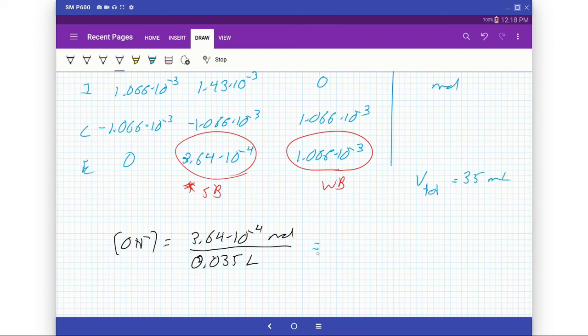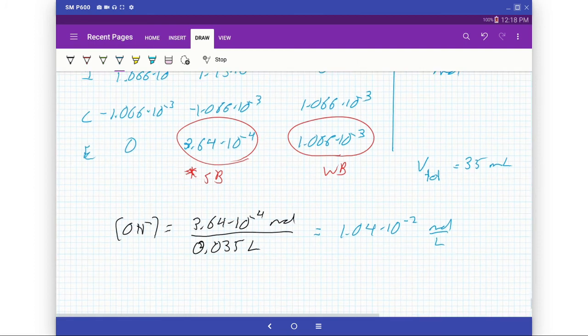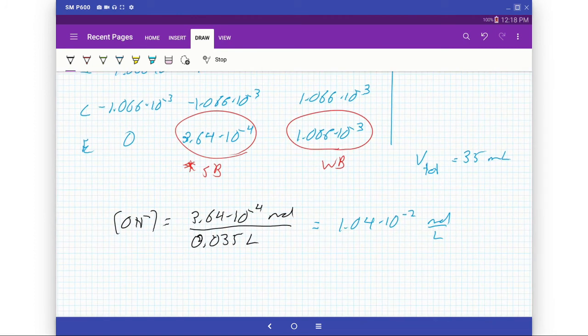That gives a hydroxide ion concentration of 1.04 times 10 to the minus 2 moles per liter. And a pH, or sorry, a pOH of 1.92 and a pH of 12.02. 1.98, excuse me.